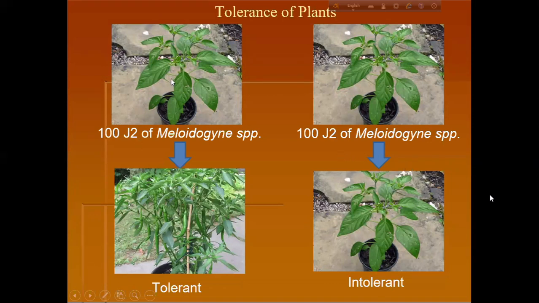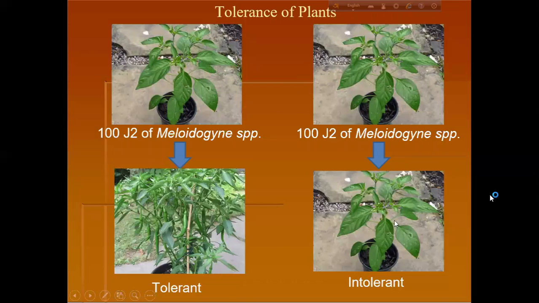On the other hand, the left-hand side plant tolerates the presence of nematode. You see here, both plants were infected with the same number of nematodes. But after 1 month, this plant transformed to this plant, and after 1 month, this plant remained the same. So this is known as intolerant.